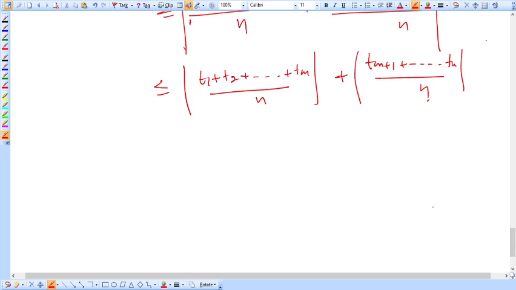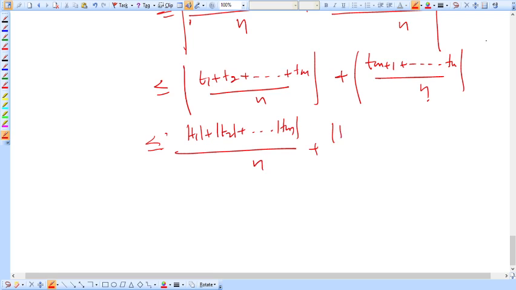Further, you can use the modulus inequality again, so you can write it as t1 plus t2 up to so on tm, it is m, divided by n plus tm plus 1 plus tm plus 2 up to so on plus tn divided by n.